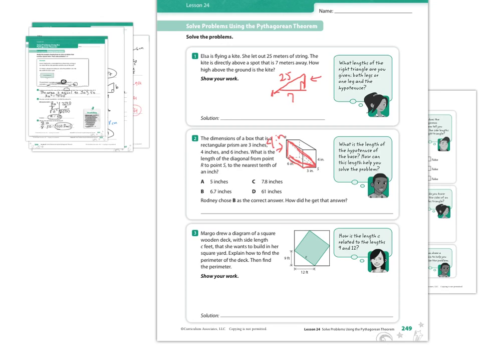Okay, number 3, your hint obviously is to find the hypotenuse of that right triangle that is given. You want to then use the hypotenuse to find the perimeter of that square. If you know one side, the perimeter of a square is the one side multiplied by 4.